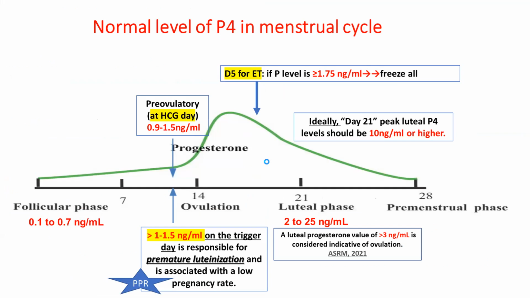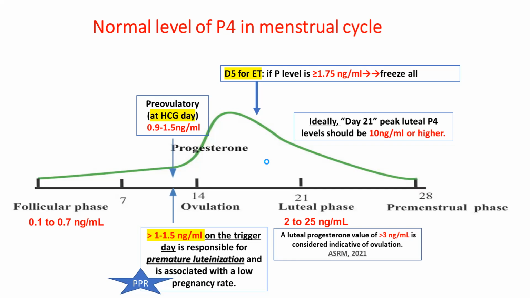The ASRM considers more than 3 nanograms suggestive of ovulation, but ideally at day 21, it should be 10 or more. So estimation of this hormone at different times of the menstrual cycle is essential to estimate the level of progesterone and the success of your treatment.